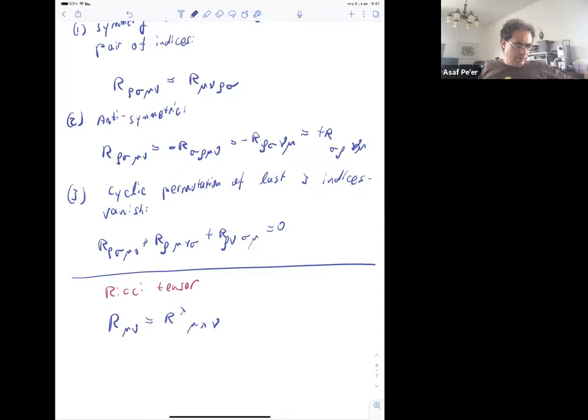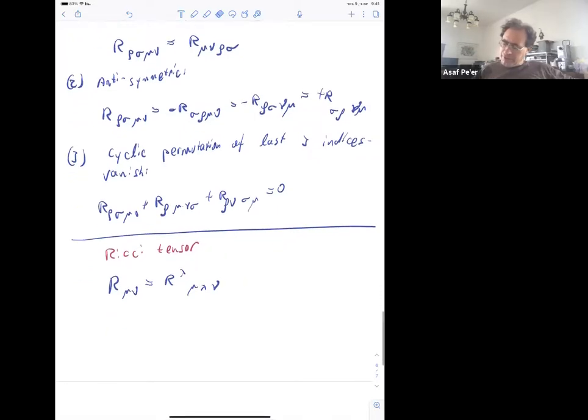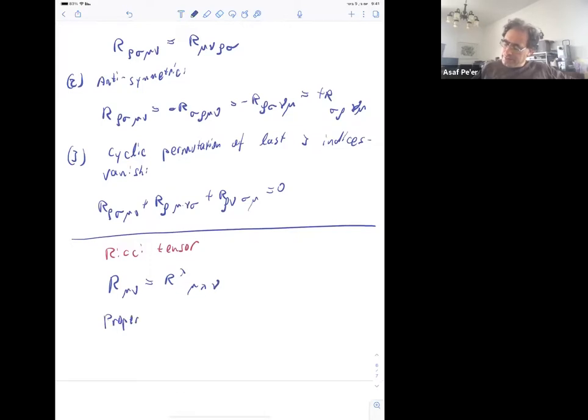Now, from all the properties of the Riemann tensor, it's pretty straightforward to say that the Ricci tensor is actually symmetric. R mu nu is R nu mu.